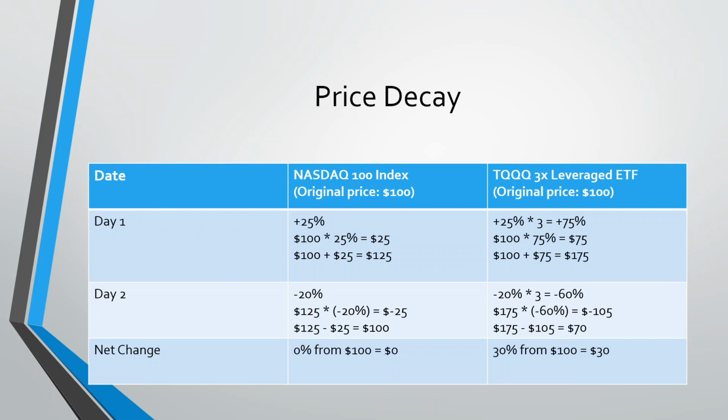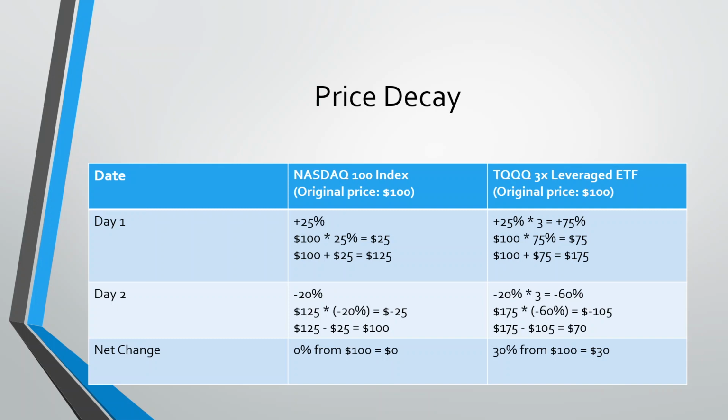But because TQQQ is a three times leverage ETF, it's going to go down 60%. So you can see that $175 times 60% is actually minus $105. It slides down way more than the original Nasdaq 100 index. You can see here that the stock goes all the way down to $70.